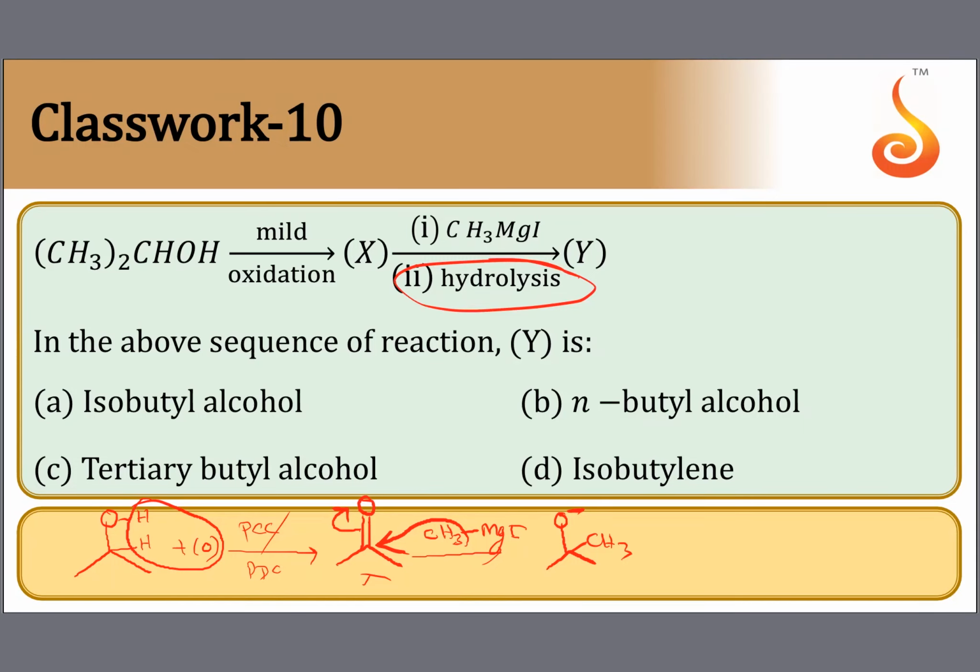Tertiary butoxide on hydrolysis takes H plus. Yes, this is the answer. Tertiary butyl alcohol is the correct answer. Where is that? C is the correct answer.